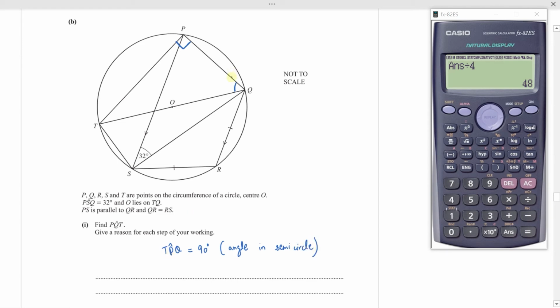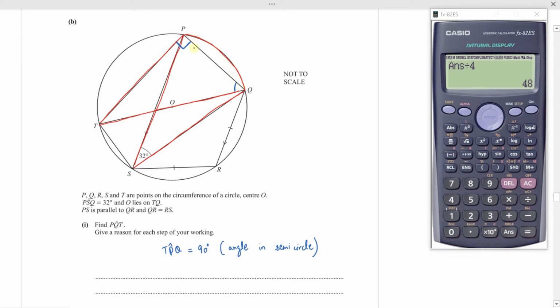And then if I look at this angle PSQ, it is 32 degrees. It is subtended by this arc. So this arc makes this angle on the circumference, and this arc also makes this angle on the circumference as well. So this angle and this angle will be equal because these are angles in the same segment.